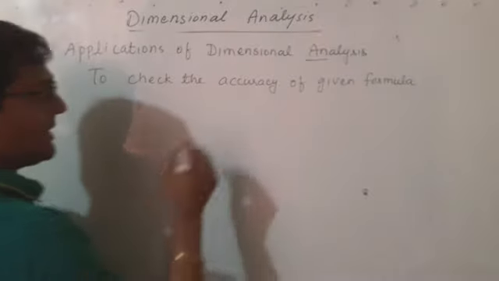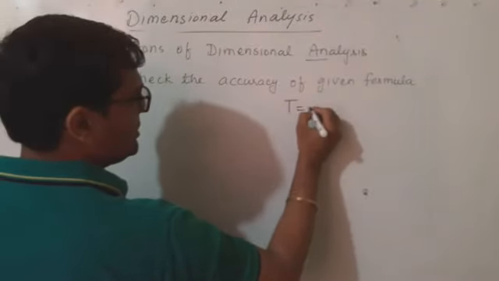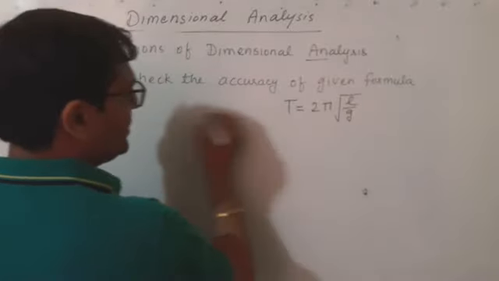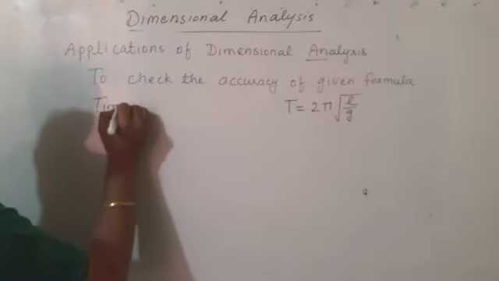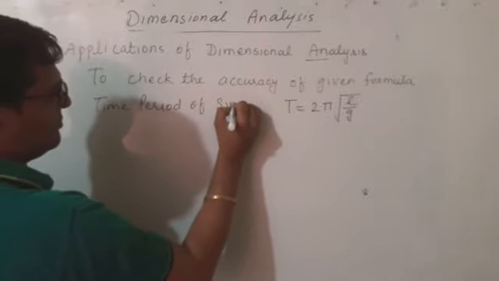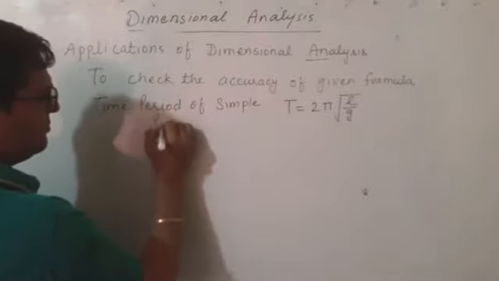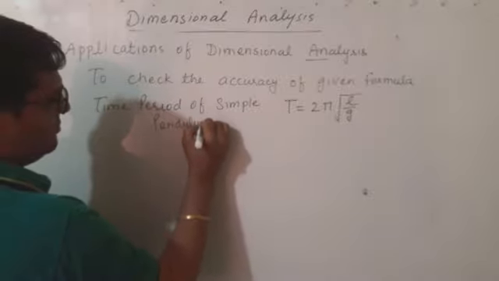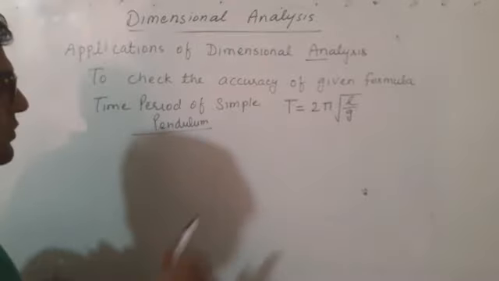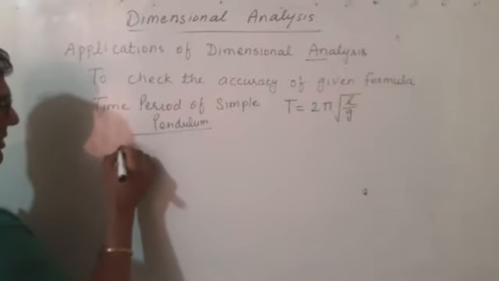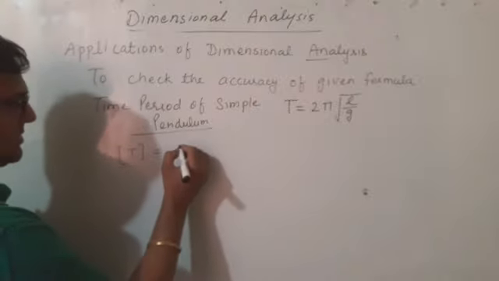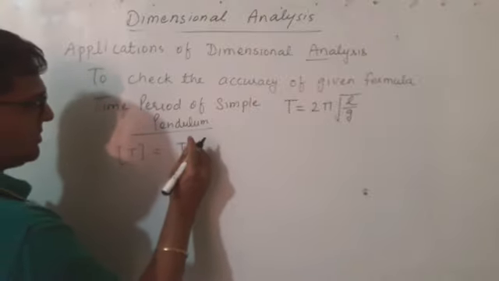Suppose I have a formula T equals 2 pi under root L upon g. This is the time period of a simple pendulum. For the left hand side, what is the dimension formula for T? That is T^1.